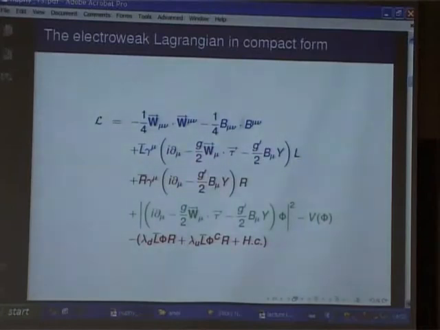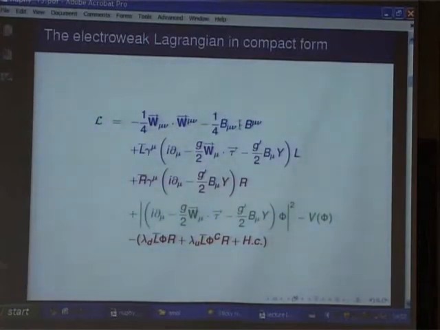So these terms B mu nu B mu nu are the kinetic terms of the B variables. I will tell you what they are. And the W mu nu W mu nu terms are similar kinetic terms for the 3 W variables. So this actually includes 3 terms.